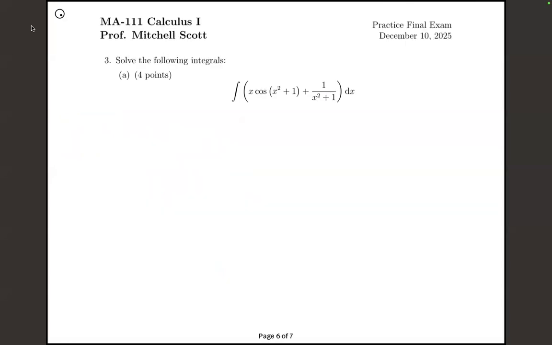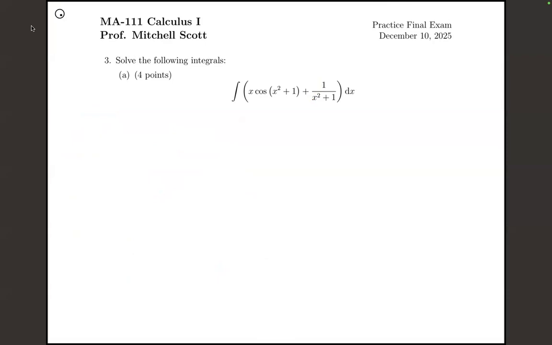Okay, so I have a few more questions. This one looks very, very similar to the one we just did, but the difference is actually right here. This used to be an x over x squared plus 1 in the last question, but now it's a 1 over x squared plus 1.